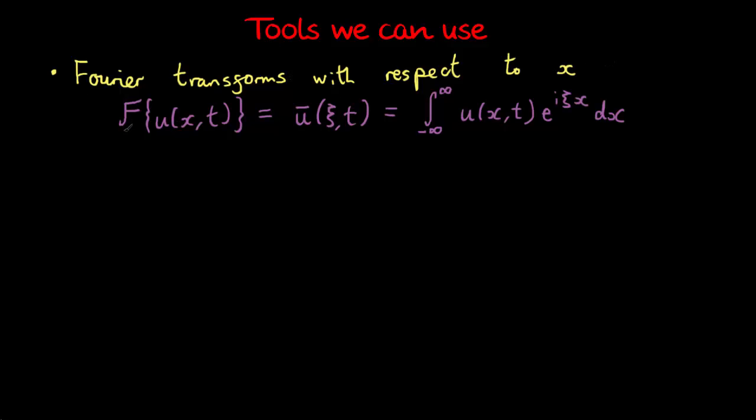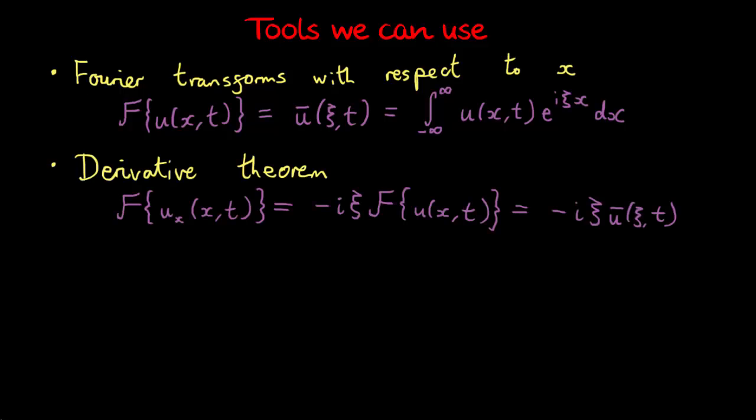So when we take the Fourier transform of a function u of x and t, that will give us a function of xi and t that we'll call u bar. So the bars denote Fourier transforms with respect to x. And that is equal to the integral from minus infinity to infinity of the function u of x and t multiplied by e to the I xi x, integrated with respect to x. So that's the definition of the Fourier transform.